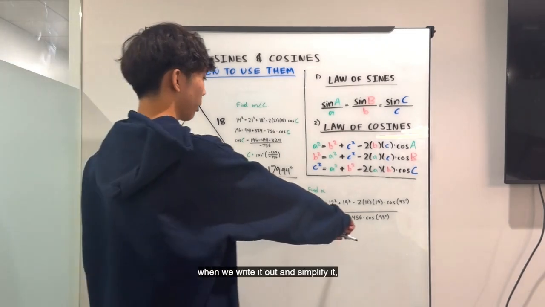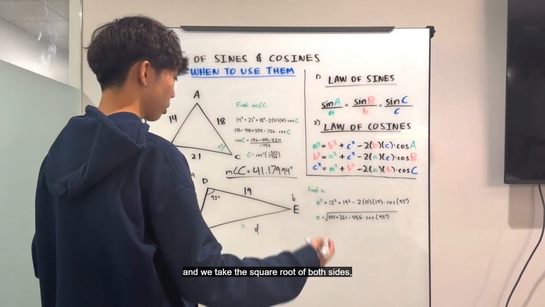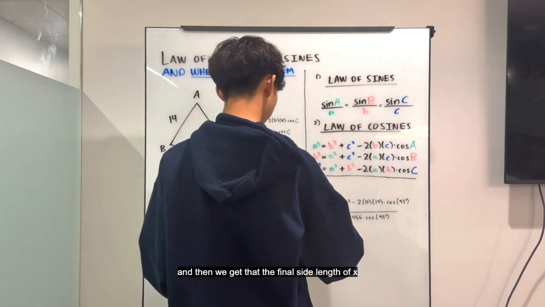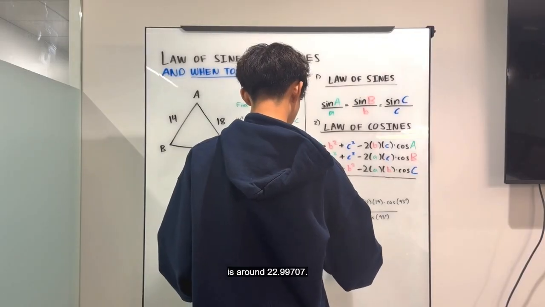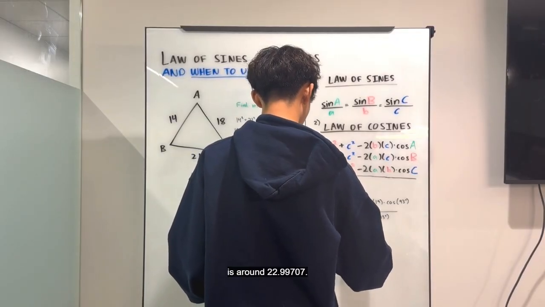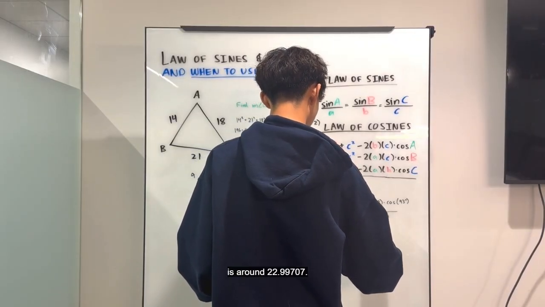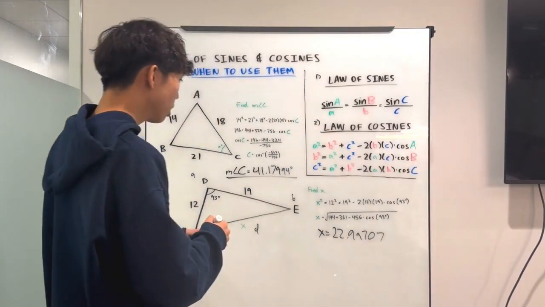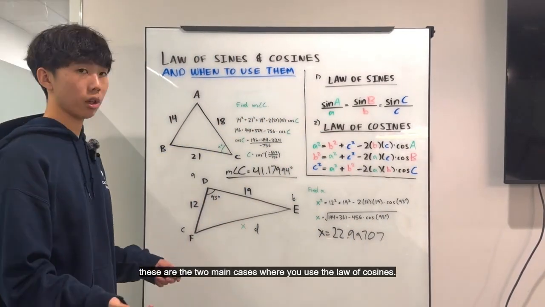When we write it out and simplify it, we take the square root of both sides, and we get that the final side length of x is around 22.99707.